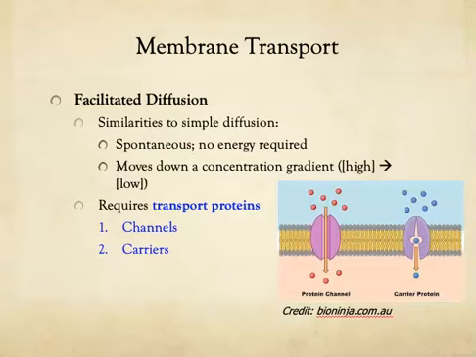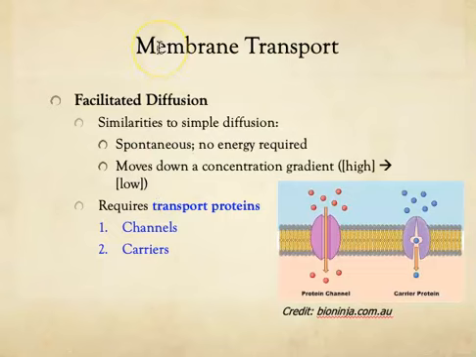It moves because there is a concentration gradient in place, and the direction of movement will be dependent upon that gradient. It will move particles from the side with a high concentration toward the side with a low concentration, just like we saw before. The only difference is that facilitated diffusion requires a protein.